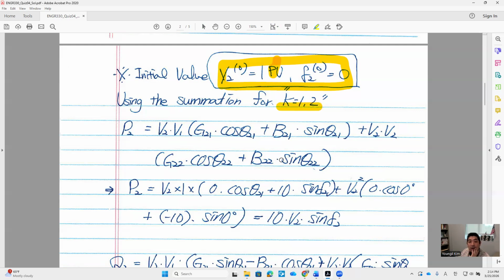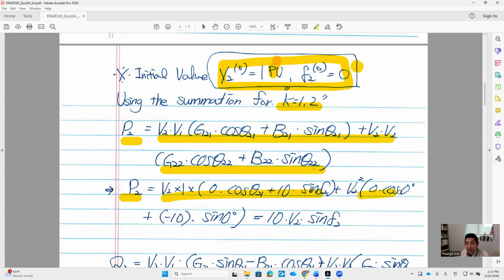So now P sub 2: k is equal to 1, 2, and i is equal to 2, because we're talking about the second bus. That is from the original equations, and also V1 is 1 at 0 degrees.